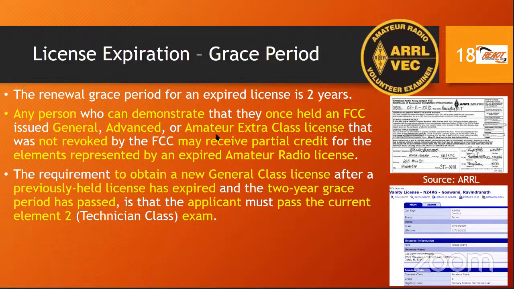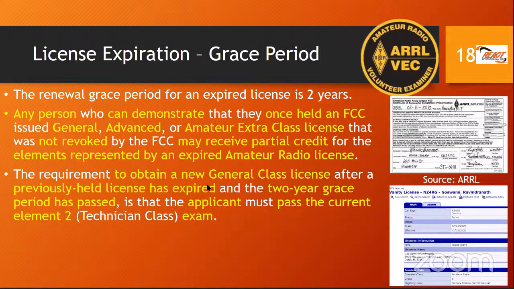And that's the point of the other bullet points that we have here. We say that any person who can demonstrate that they once held an FCC general, advanced or extra, and it was not revoked, meaning that your license was not cancelled or revoked by the FCC for some reason, could receive partial credit for that expired license that you had.